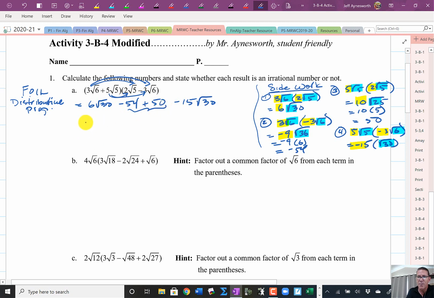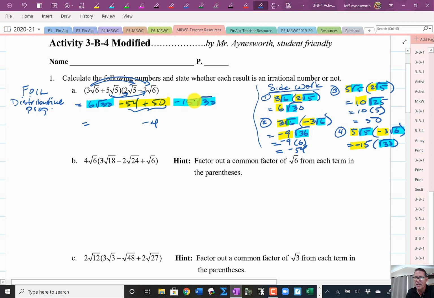Collect like terms right here. In the middle, negative 54 and 50 is negative 4. You can write that first if you want, or second, it doesn't matter. Or you can just bring it down right here. And then 6 rad 30 minus 15 rad 30.